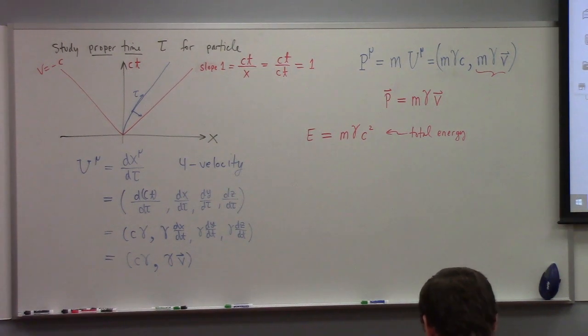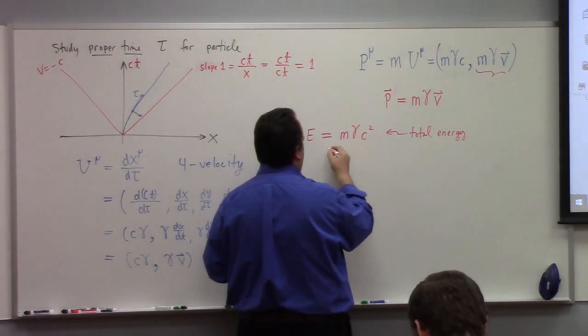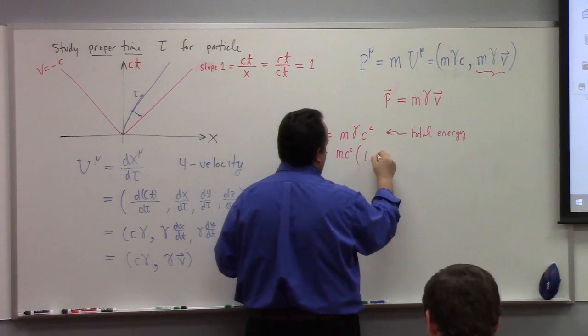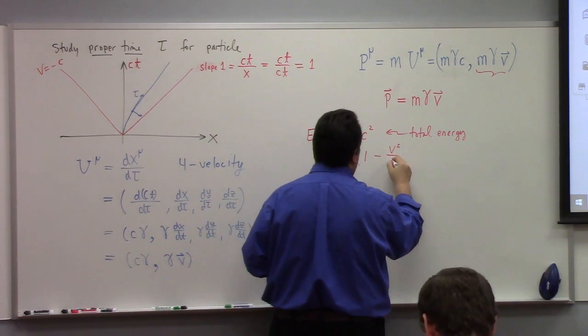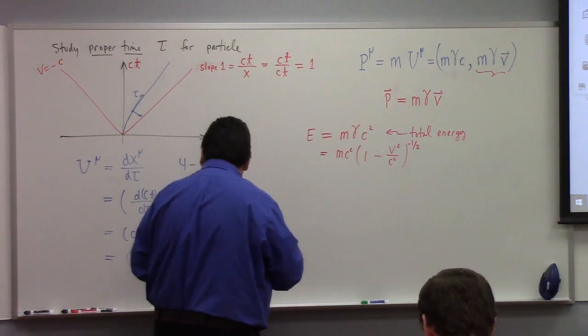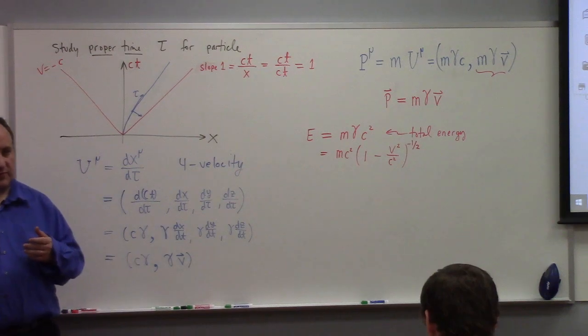But this is interesting because this m gamma c squared is, well, what is that? Let's look at this. What we're looking at is mc squared times 1 minus v squared over c squared to the minus 1/2 power. You guys aren't here yet. A lot of you are in calculus 2 right now.